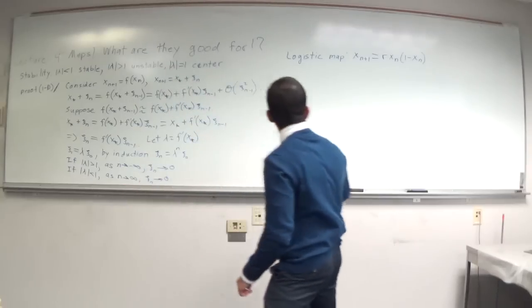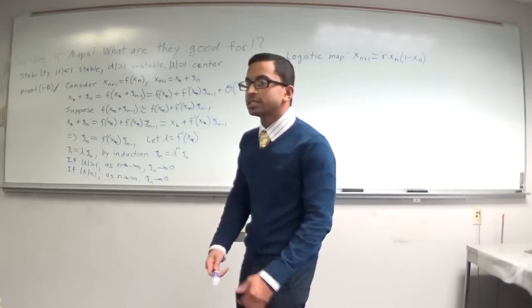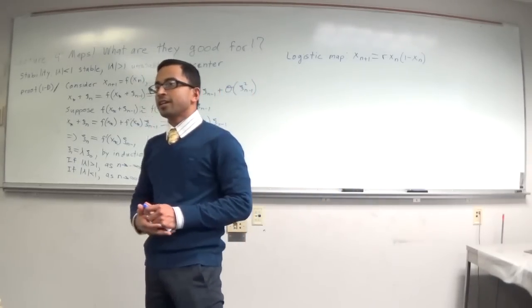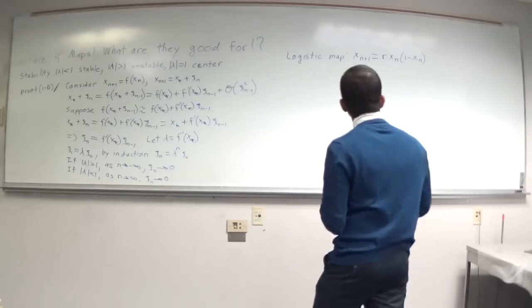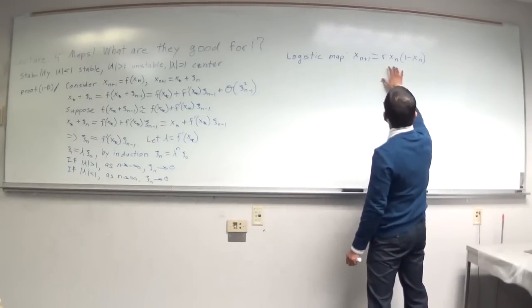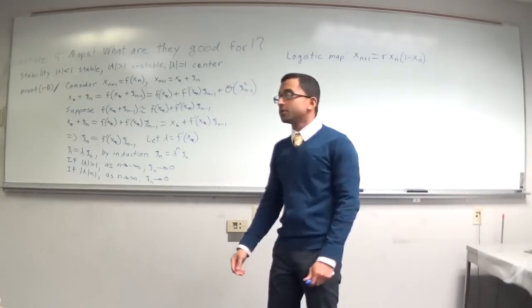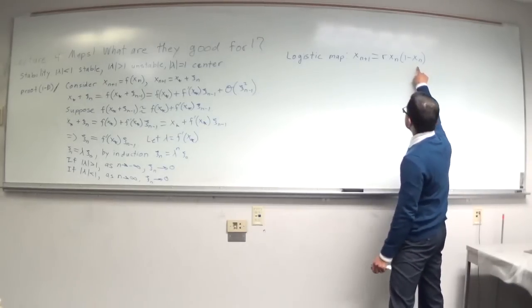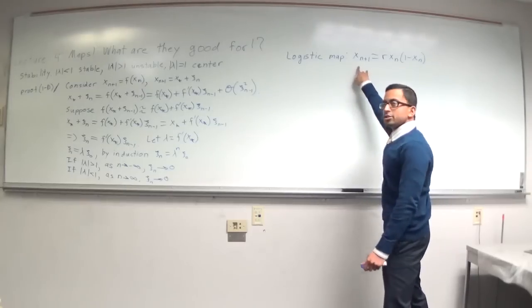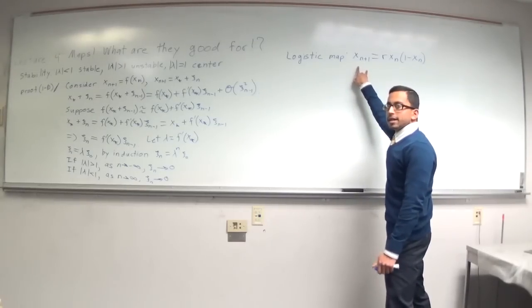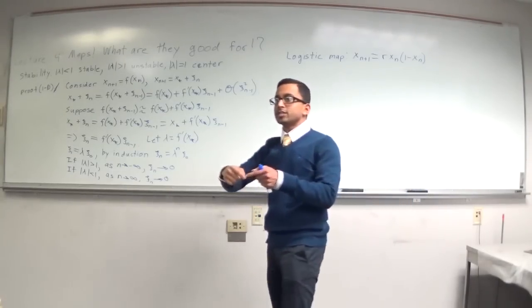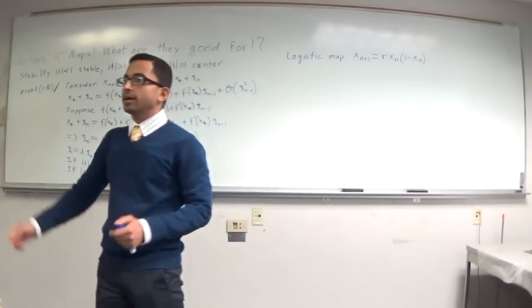So it looks a lot like the logistic differential equation, except it has different meanings for, say, x_n equals 1. Here we see that if x_n equals 1, then the population goes to 0 in the next cycle, basically, in the next time.